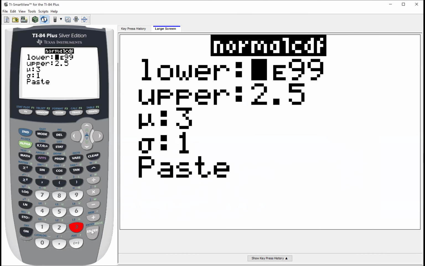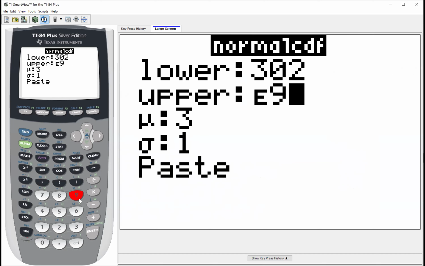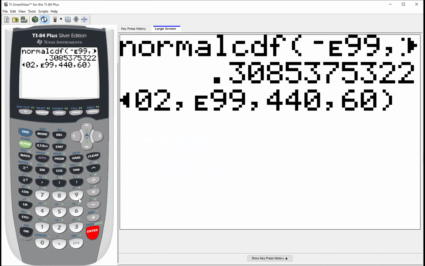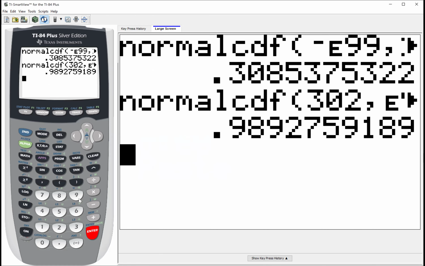So my lower is 302. The upper is E99. The mean is 440. And the standard deviation is 60. We paste and then hit enter.